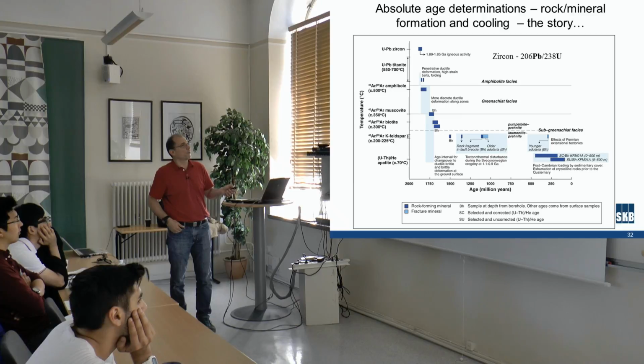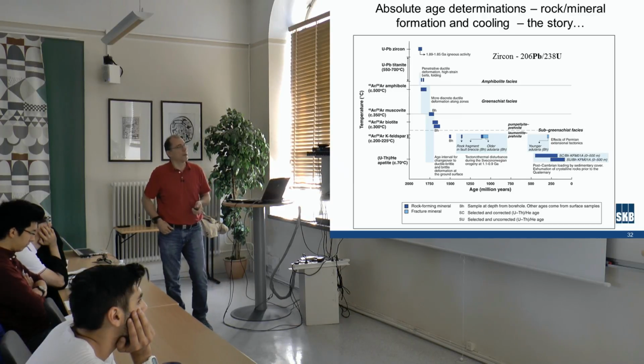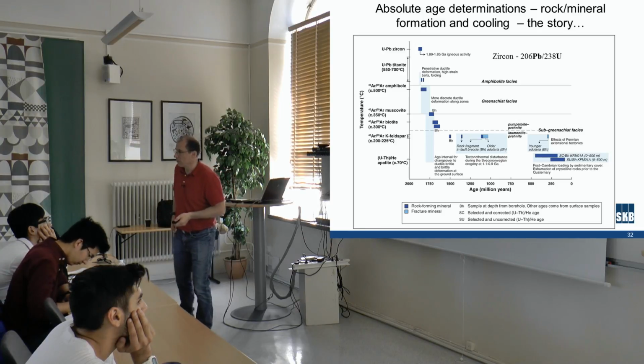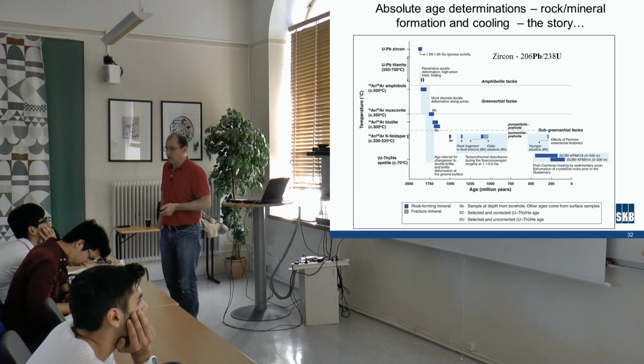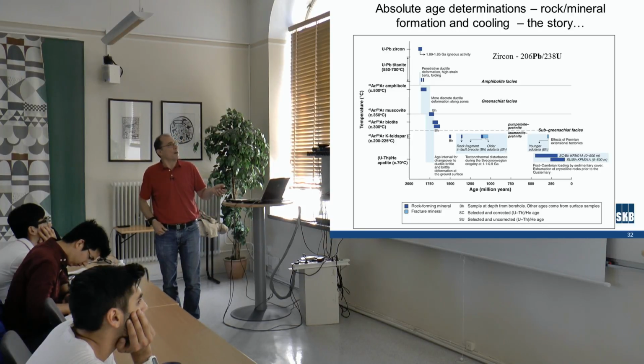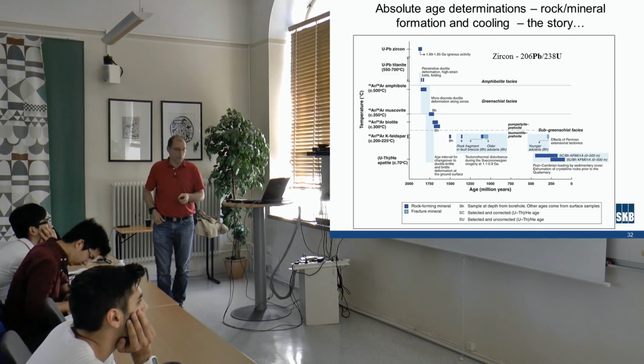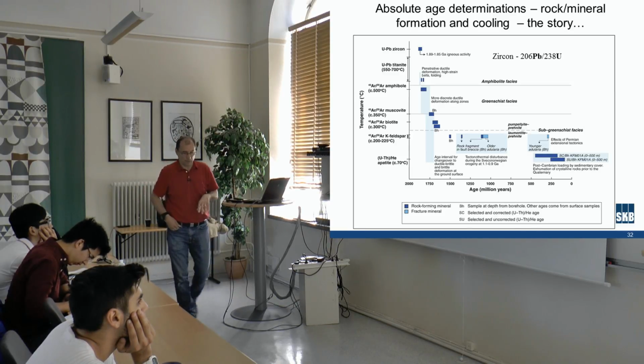What I want to point out is that the formation of the rock is 1.89 to 1.85 billion years ago. And how did we come up with this? Yes, we take a mineral, a zircon. A zircon has a portion of uranium in it.